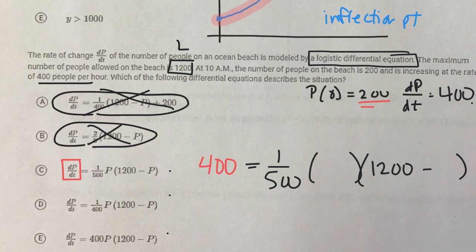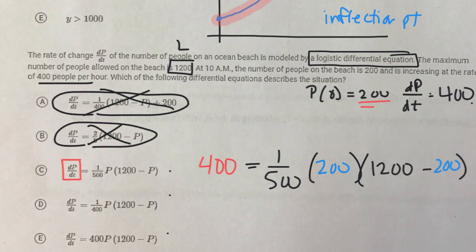We had 200 people, that was the population. When there were 200 people, there was a rate of 400. That's the rate, dP/dt. So does this equal 400?